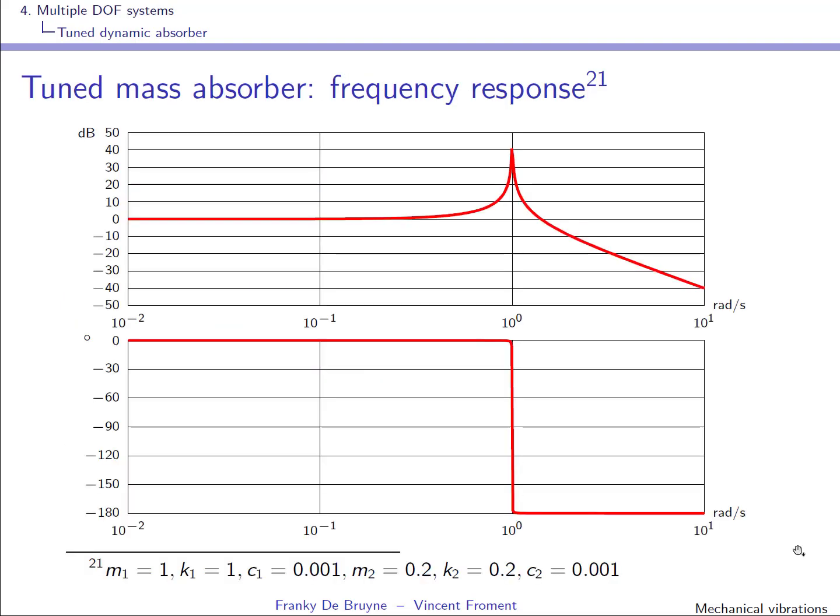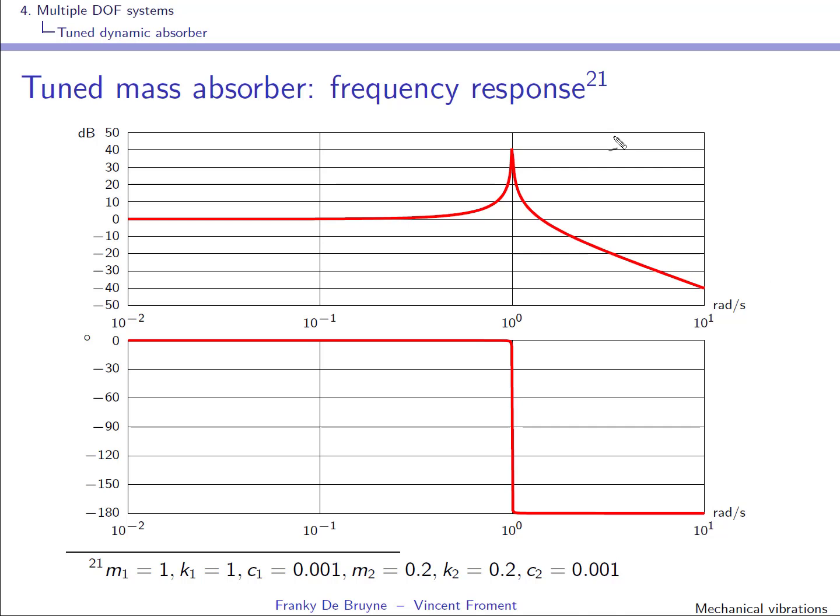So this is the frequency response of a 1 degree of freedom mass spring system. M1 is 1, K1 is 1, and this explains why my natural frequency omega n1 is 1 radian per second.